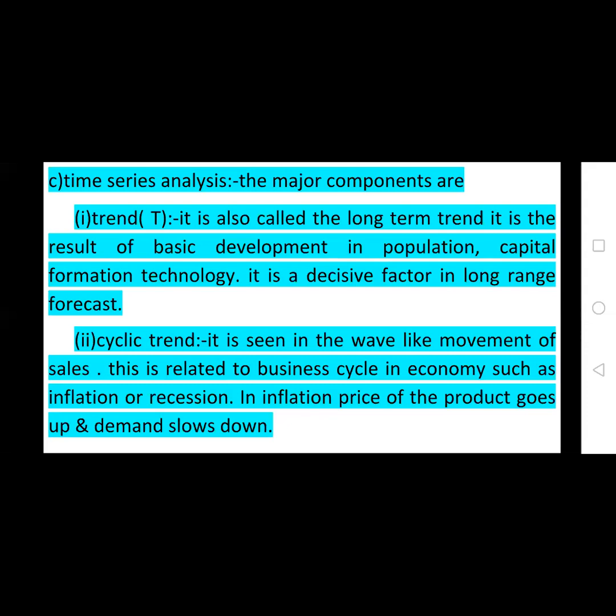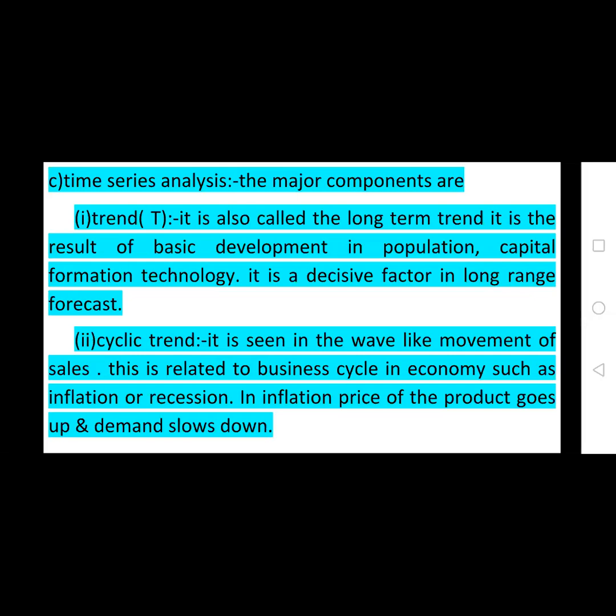There are different changes in all these factors in the long run. For example, if you take one village or city, the population is 1 lakh, but after 2 years, 5 years, or 10 years, the population increases as well as decreases.